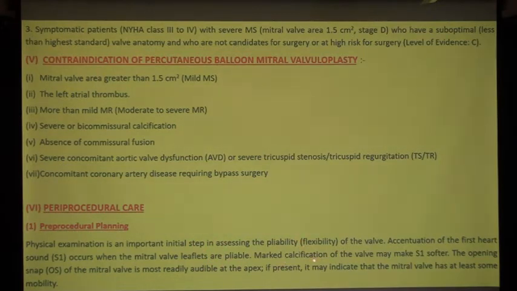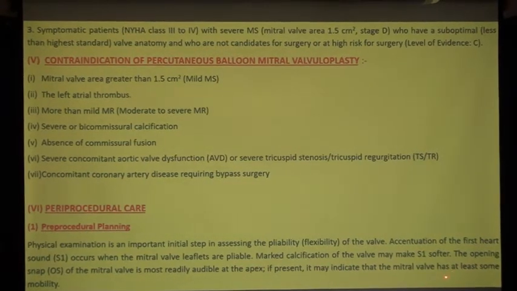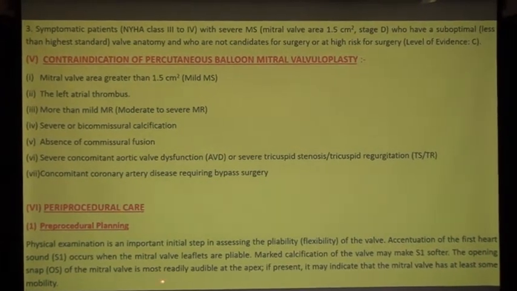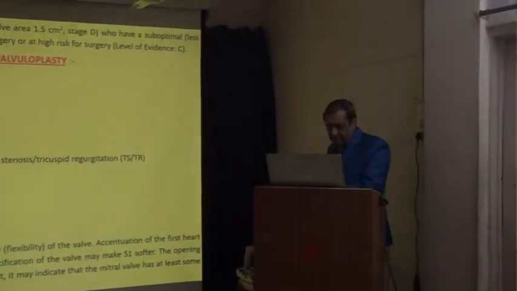Marked calcification of the valve may make S1 softer. The opening snap of the mitral valve is most readily audible at the apex. If present, it may indicate that the mitral valve has at least some mobility.